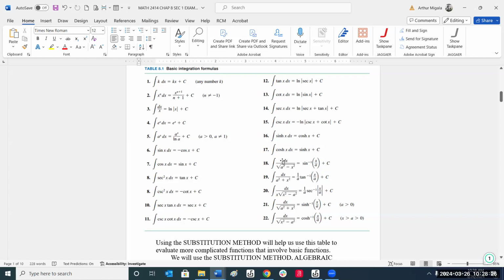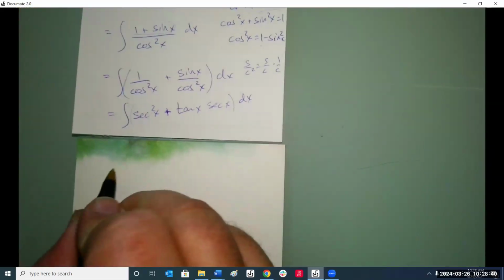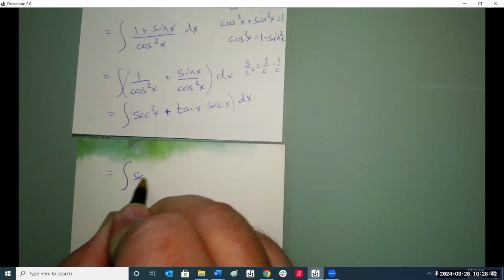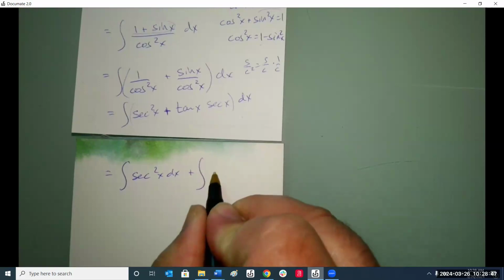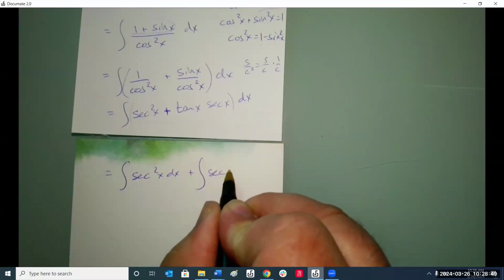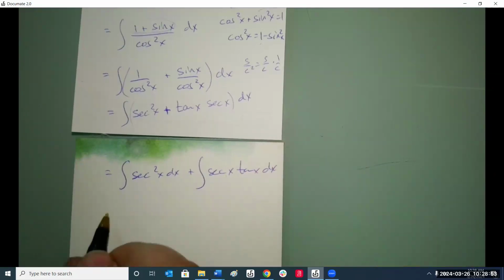Okay. So we don't have that equation. So what we can do then is split them up. Secant squared dx plus secant tangent dx. And look for those separately.